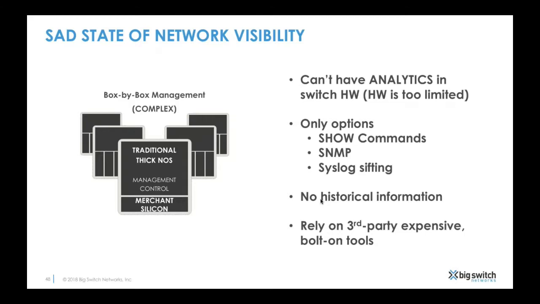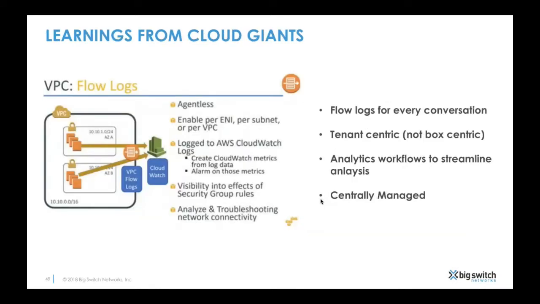Our only options are show commands, SNMP, going through mountains of syslogs, with no historical information. At the end of the day, we have to rely on third-party expensive bolt-on tools or not have any analytics. Those are the two options we have, and the survey clearly identified that that's the state of the industry today.